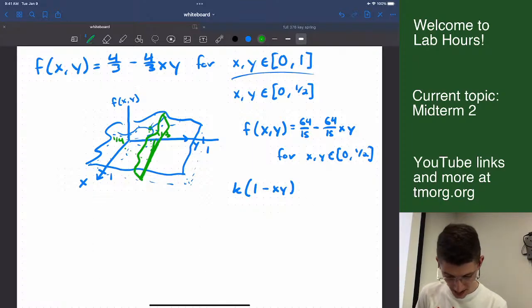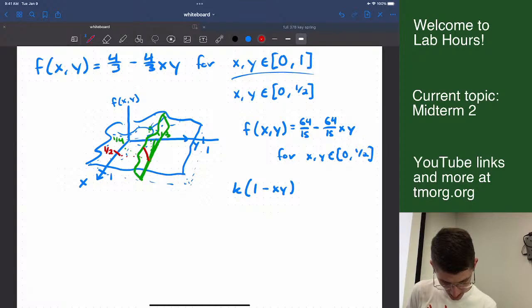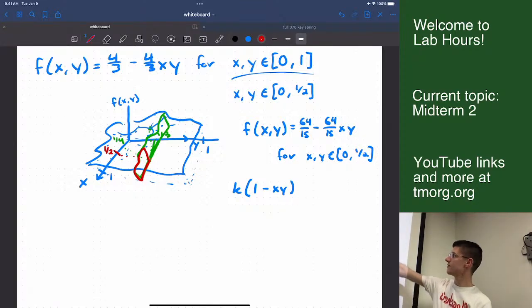Then the question is, if I go out to x equals 1/2, and I'll do this one in red, and I just integrate that, we have just basically found the area of this piece right here. This is what we have found. Cool stuff, right? I think it's pretty nifty.